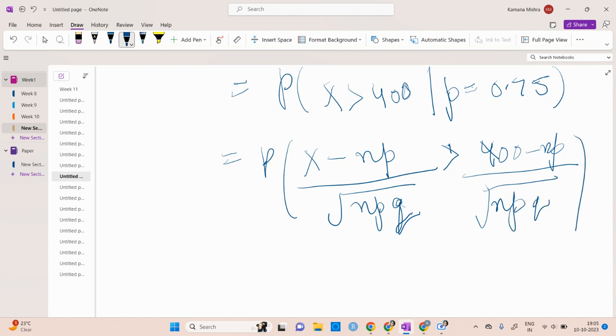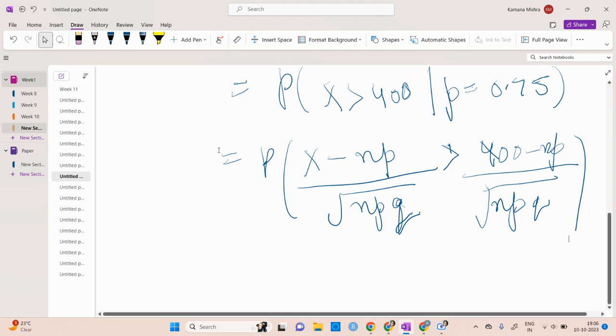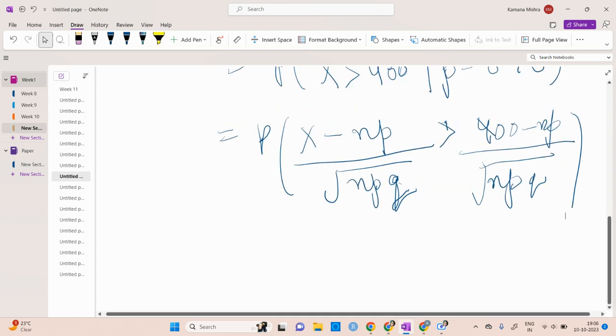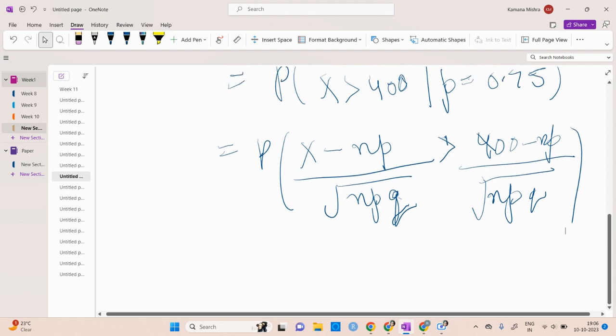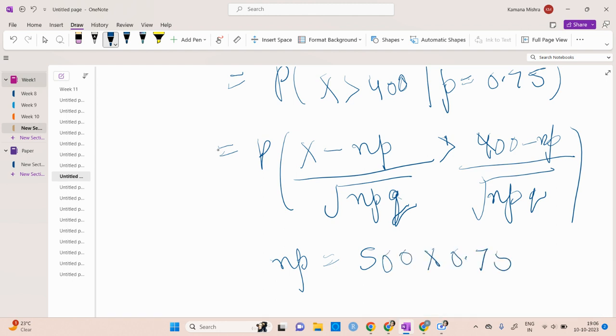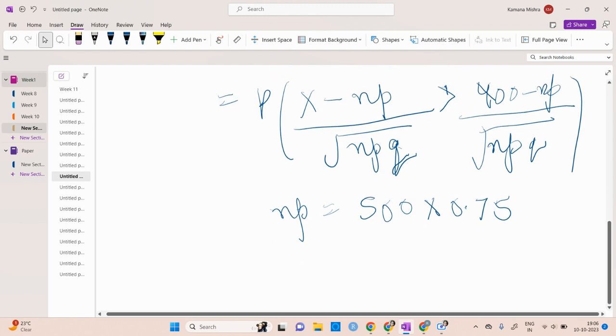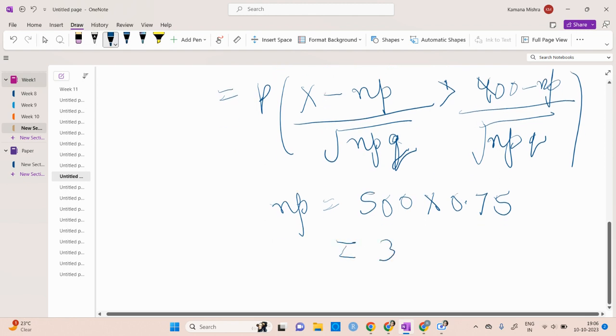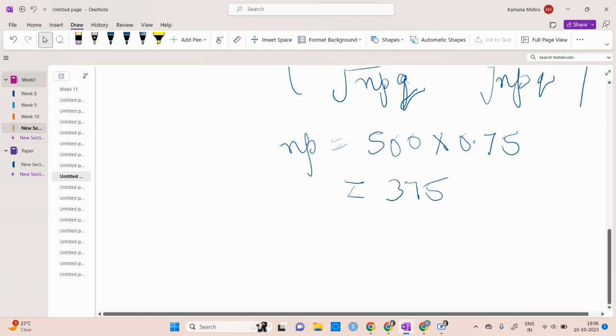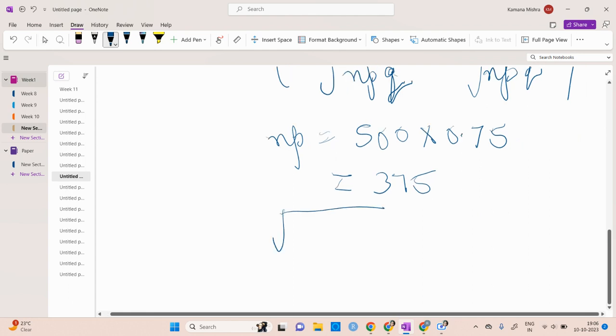Because np is the mu and this is the standard deviation for the binomial one, so to normalize this x we will take this value. So np will be what? n was 500 and p was 0.75, so it will be 375, and under root npq will be the standard deviation.